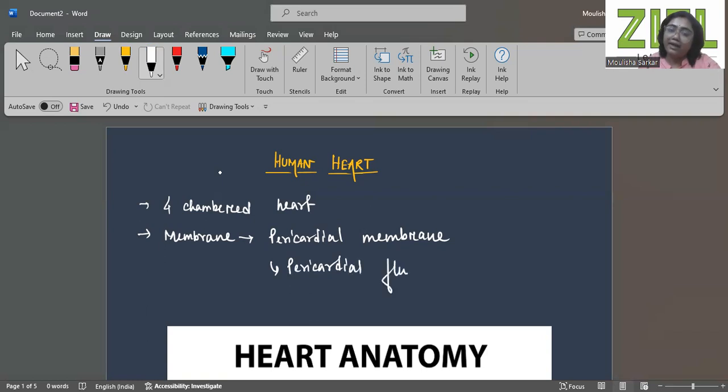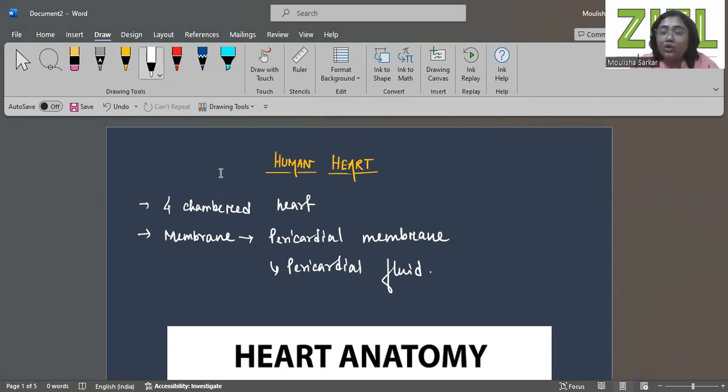This pericardial fluid, to some extent, lubricates. Because the human heart is always pumping, right? It's always contracting and then relaxing again. So it's a kind of vibration we see in the heart. It's a pumping mechanism, and during that pumping the cardiac muscles are working.